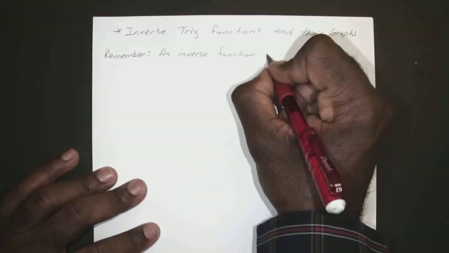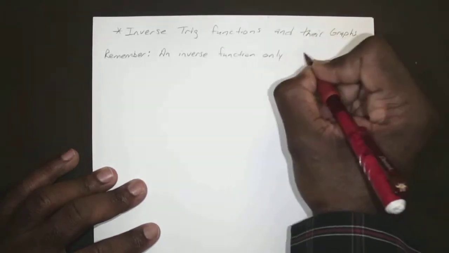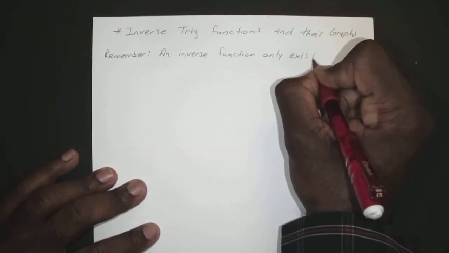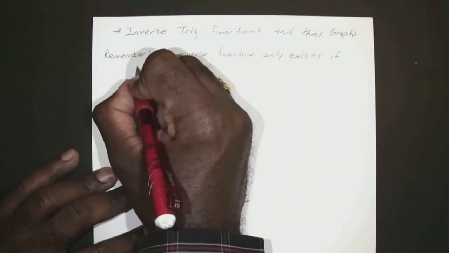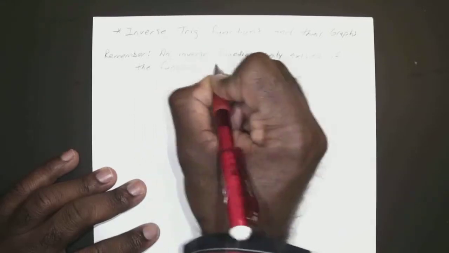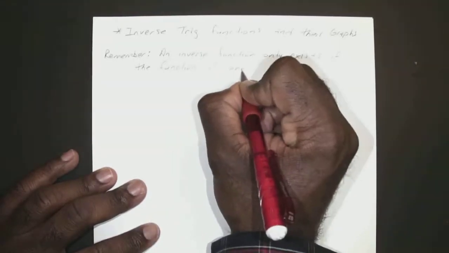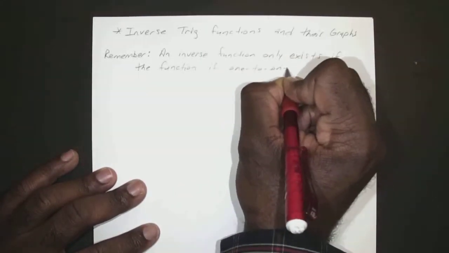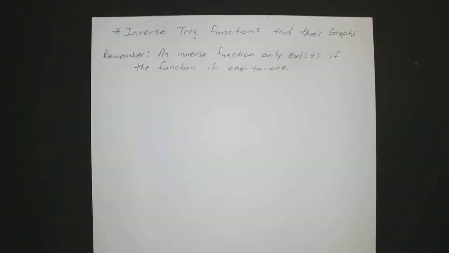So an inverse function only exists if the function is one-to-one. That means each x has one y, and each y has one x.